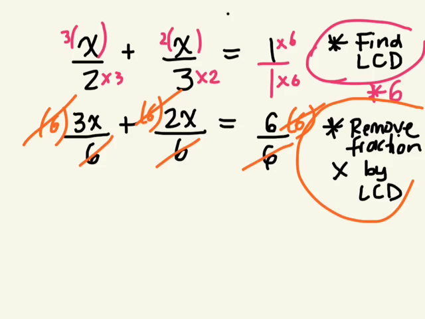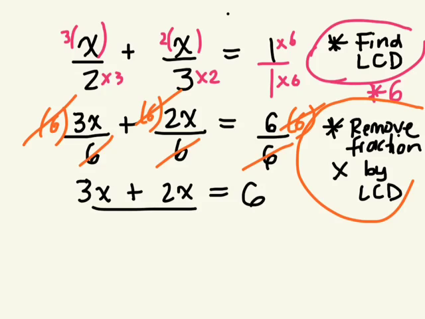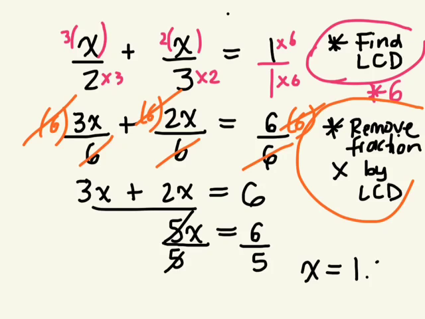Now I can rewrite this without any fractions. What does this say now, Melissa? 3x plus 2x equals 6. Good. 3x plus 2x is 5x, so 5x equals 6. What's x? Good. Divide by 5. x equals 1.2, or 6 over 5, however you wrote it.